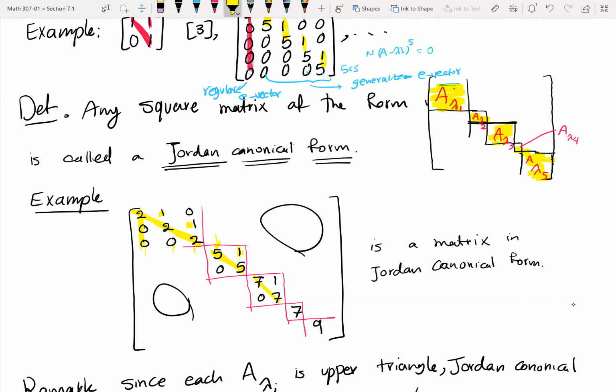This 7 was repeated 2 times, but I could only get 1 free variable once in my computation, and then the second one is coming from the second power. The third one is the generalized one, and that's a multiplicity of 1 because it has a block of size 1 by 1.